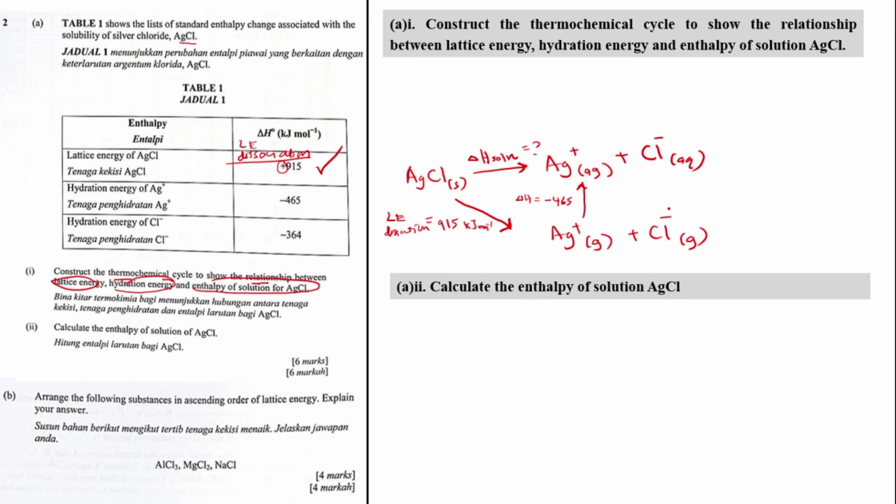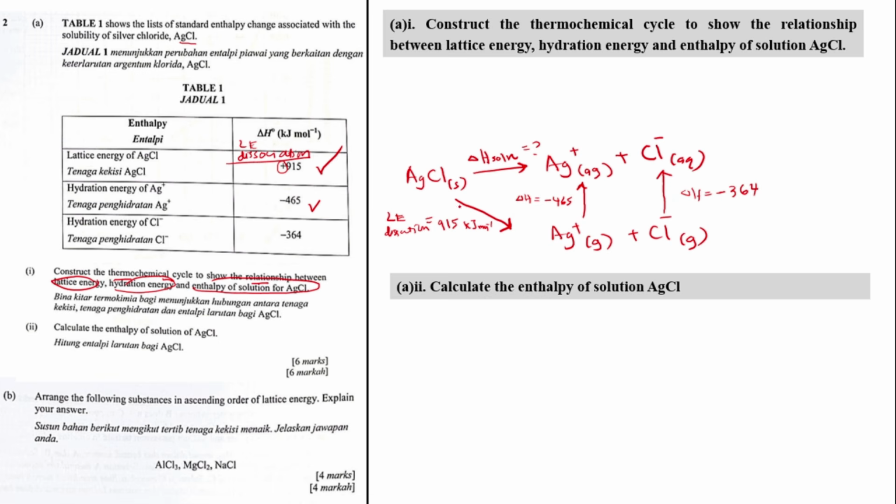Meanwhile, for the Cl minus gaseous ion, it can be hydrated by having a delta H here with a value of negative 364. Okay, so as you can see here, you have created a thermochemical cycle between these 4 equations.